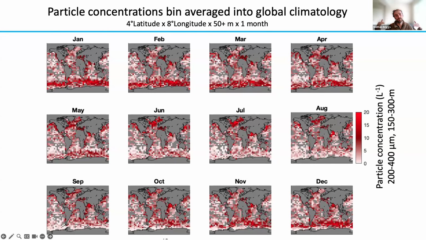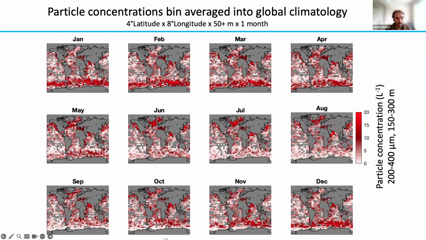So we're getting away from the surface where we can sometimes get this undercounting in this particle size class. This is the first look we've had really in all seasons across all of the oceans of particles of a certain size class. So these are concentrations again per liter of 200 to 400 micron particles, 150 to 300 meters depth.